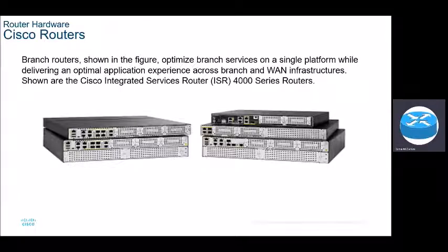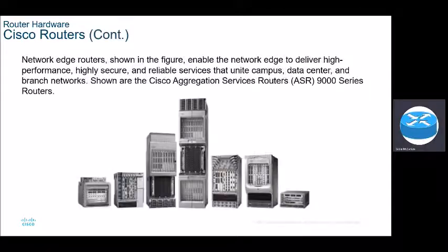Branch routers shown in the figure optimise branch services on a single platform while delivering an optimal application experience across branch and WAN infrastructures. These are ISR 4000 series routers in the picture. Then, getting bigger, network edge routers shown in the figure enable the network edge to deliver high performance, highly secure and reliable services that unite campus, data center and branch networks.